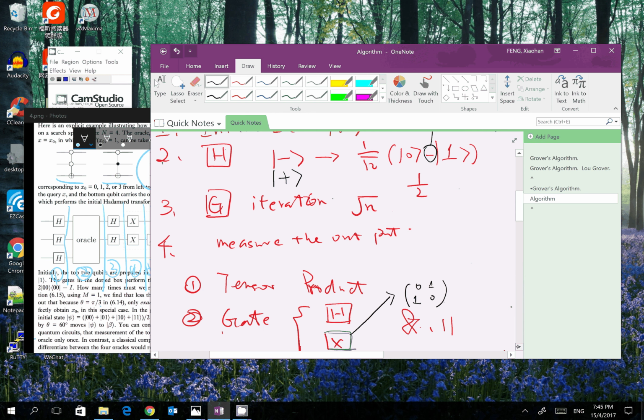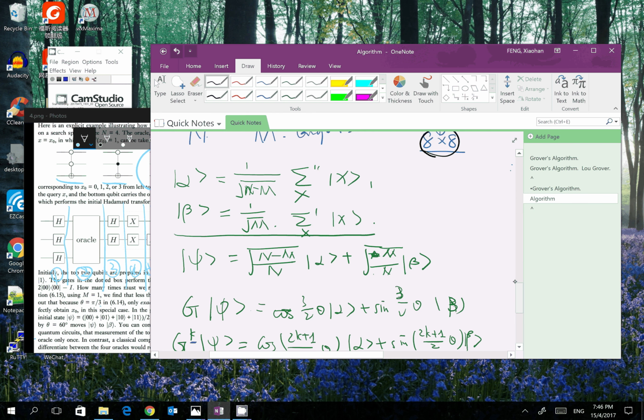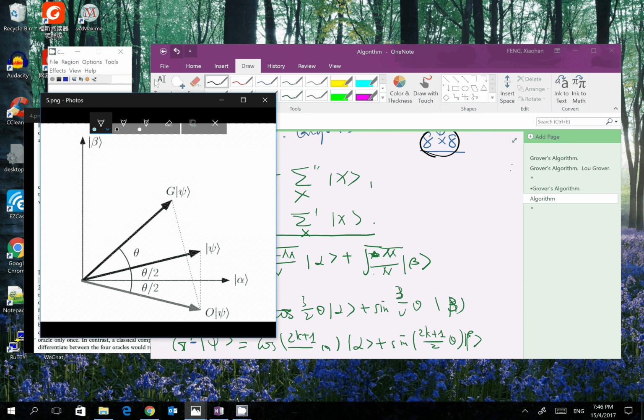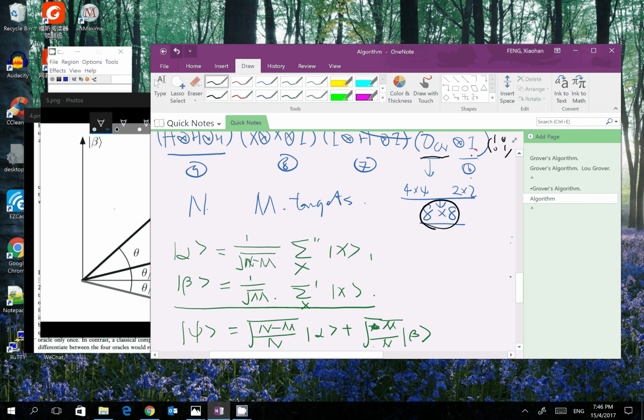Lastly, I want to give you more intuition, using this 2D picture, of why we need to run the Grover iteration square root of n times. This beta here basically means the solution. We talk about this picture in a generalized view.